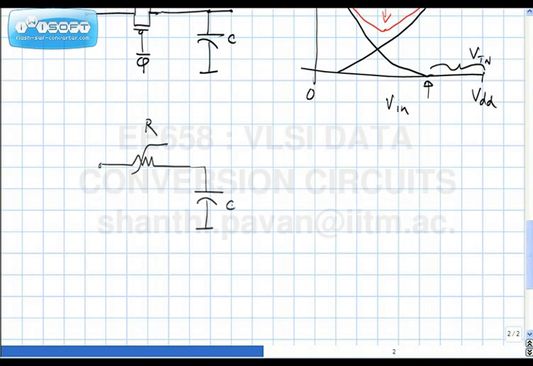This is the sampling capacitor. So this represents the equivalent circuit. So this is Vn, let me say, in the track phase, the sampling phase.